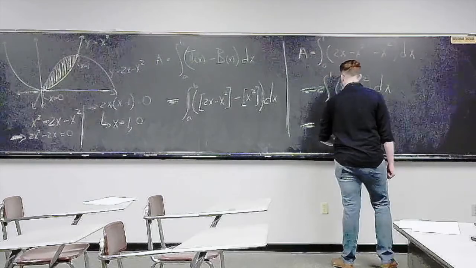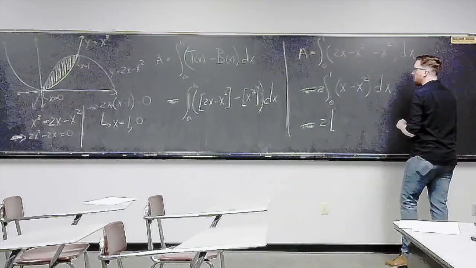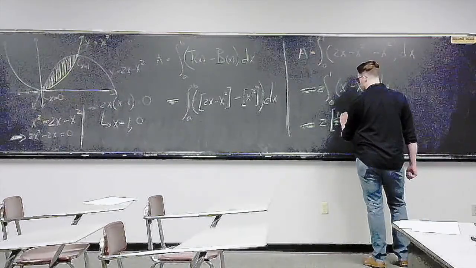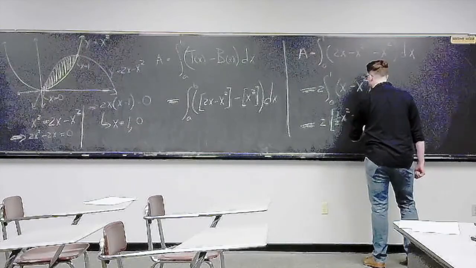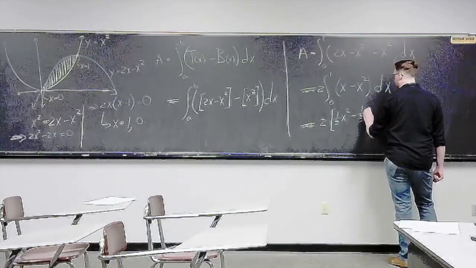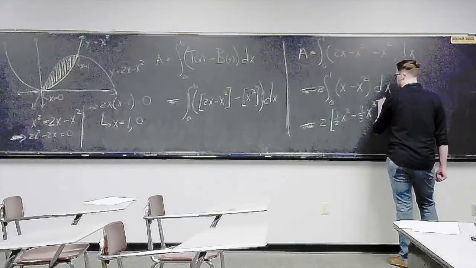So we have 2 times x integrated, which gives us 1/2 x squared, minus x squared integrated, which gives us 1/3 times x to the 3rd power, evaluated from 0 to 1.